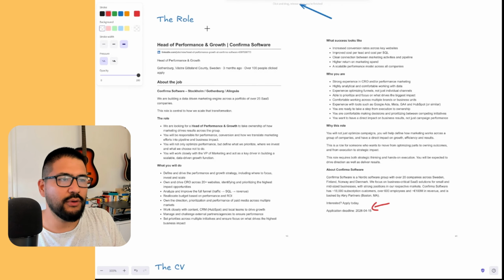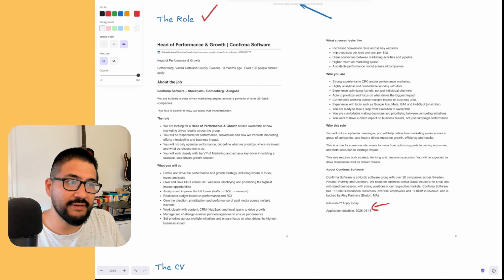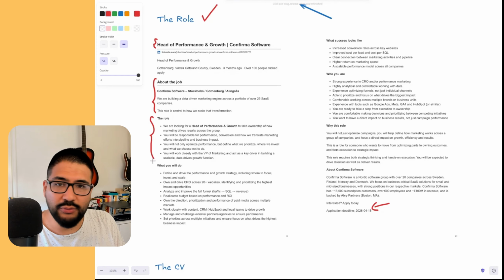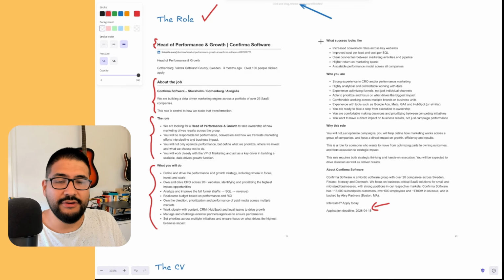We have the role. You might ask, why do we need this document? It's not that we're going to send it, but it is our guideline, because in the role we can check what they're looking for: the title, what the job is about, and what you are going to do. This is a very nice one from Conferma. So Conferma, if you're watching, very good HR and process.